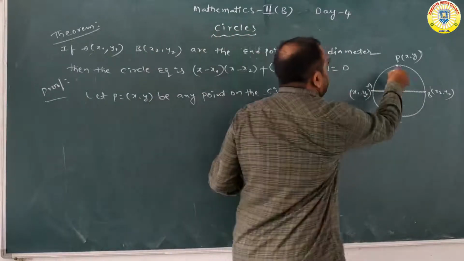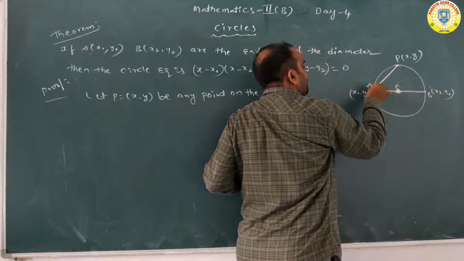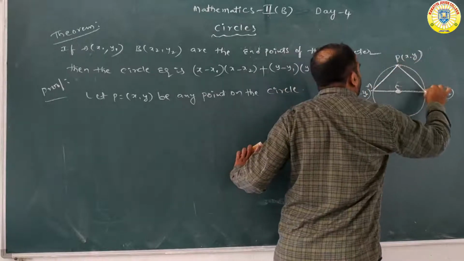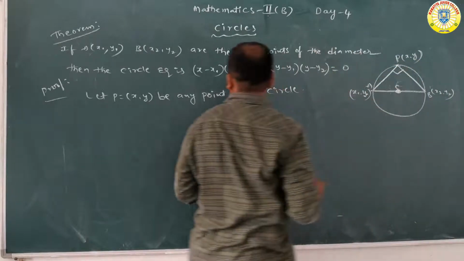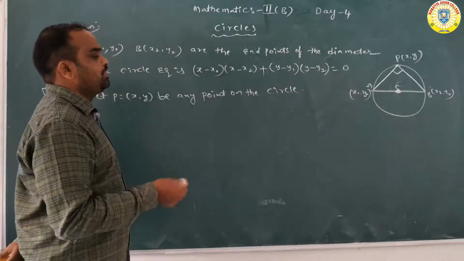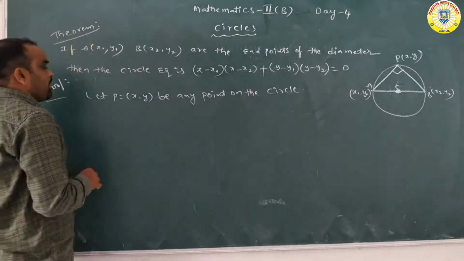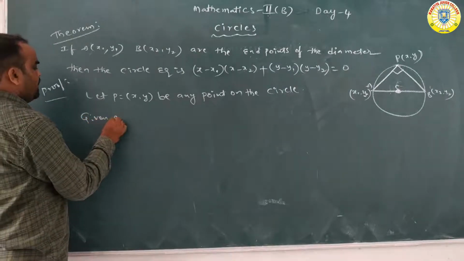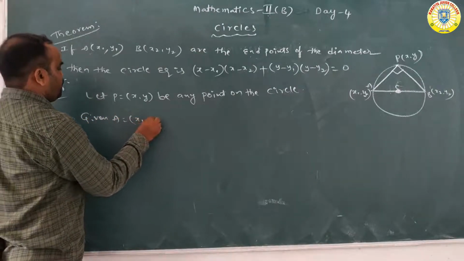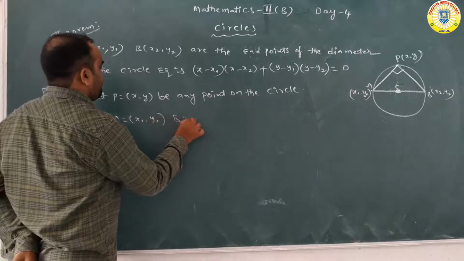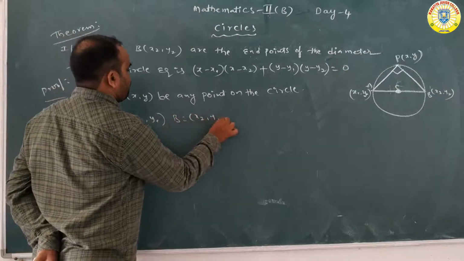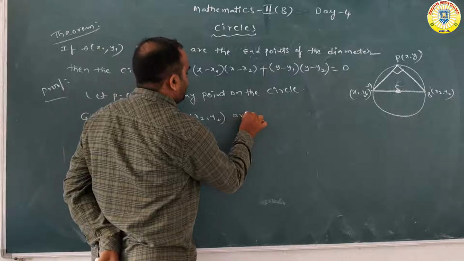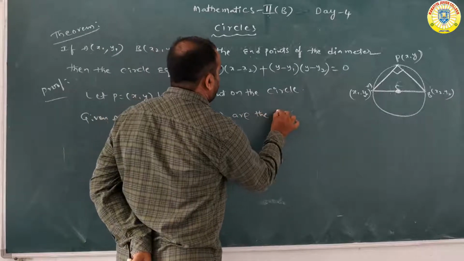So here we have the lines joining PA and PB. We know that angle in a semicircle is a right angle, and that concept we are now applying. Here it is given that A(x1, y1) and B(x2, y2) are the ends of the diameter.